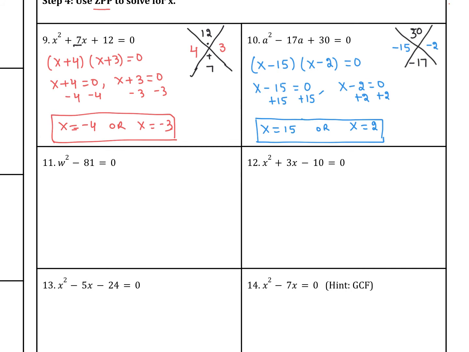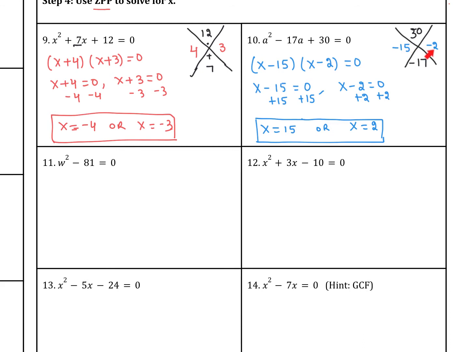For number 10, you're going to make a cross. On the top of the cross, you write the last number, 30, as a product, and the middle number on the bottom as a sum. You're looking for two numbers that, when you multiply, you get 30, and when you add them, you get negative 17. Those two numbers are negative 15 and negative 2.